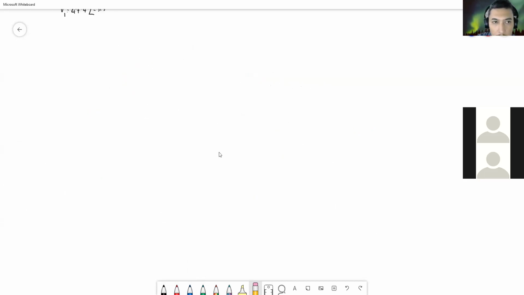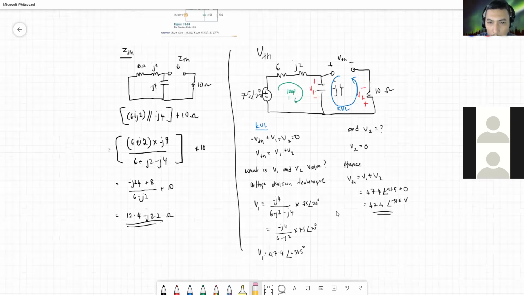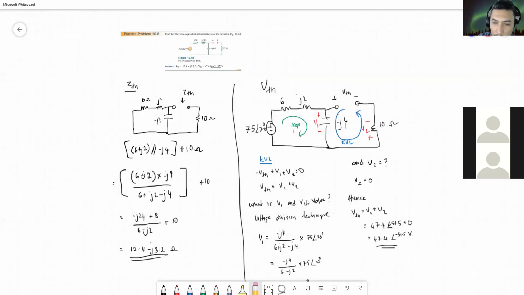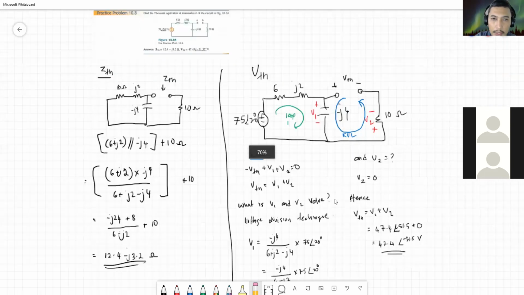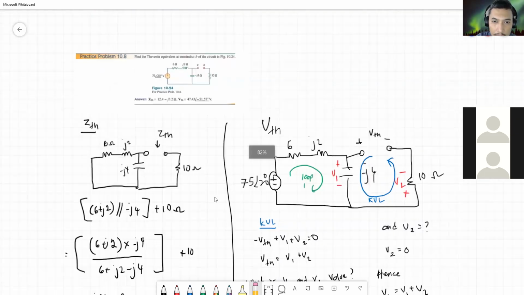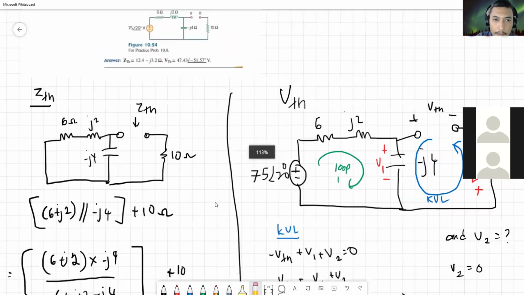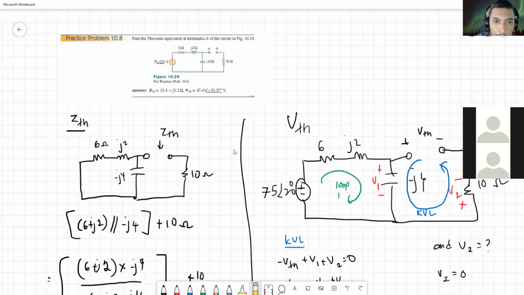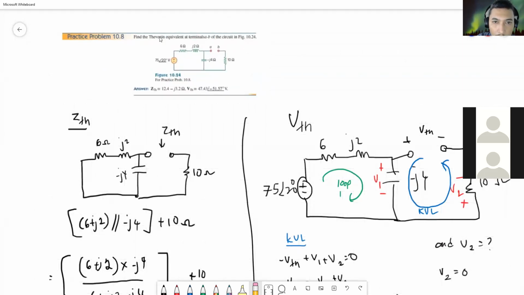Okay. So to make our discussion easier, I have already done this, but I will actually discuss the steps taken. For example, find the Thevenin equivalent at terminal AB. So this is the terminal AB, which is your terminal load here.